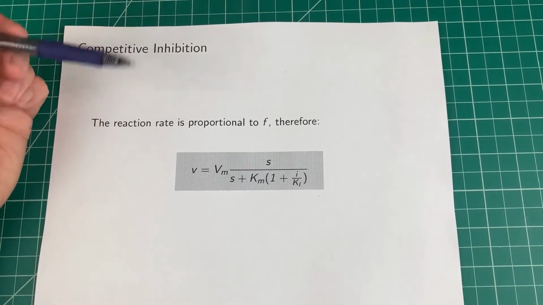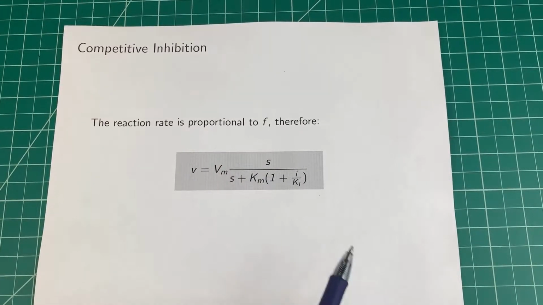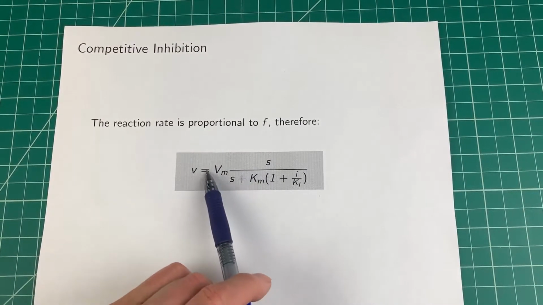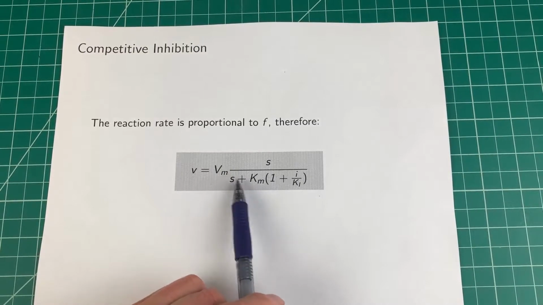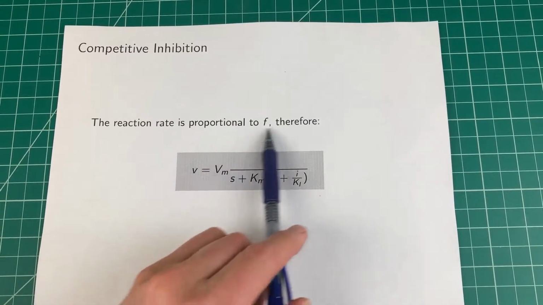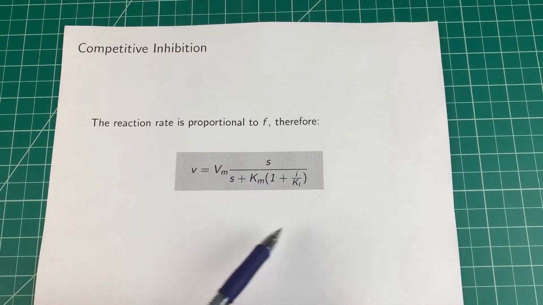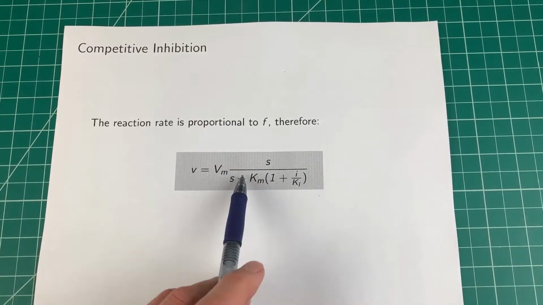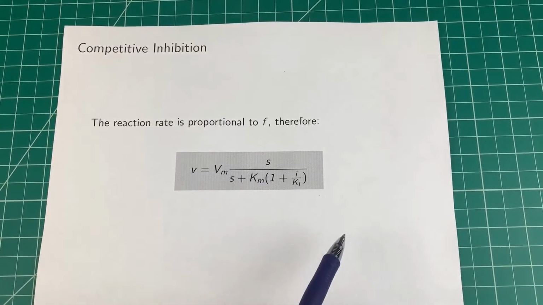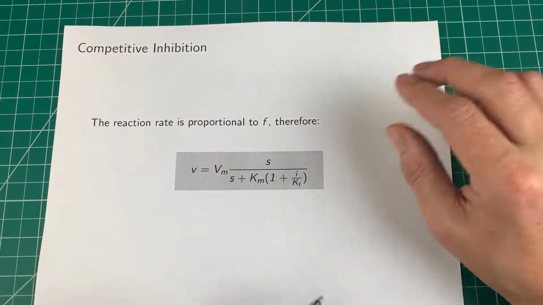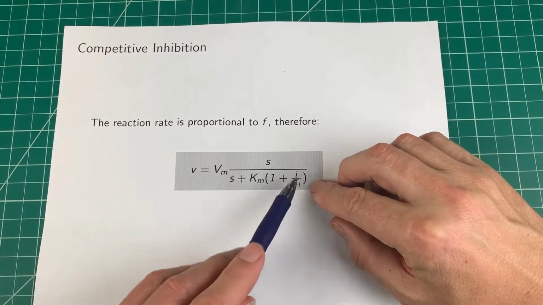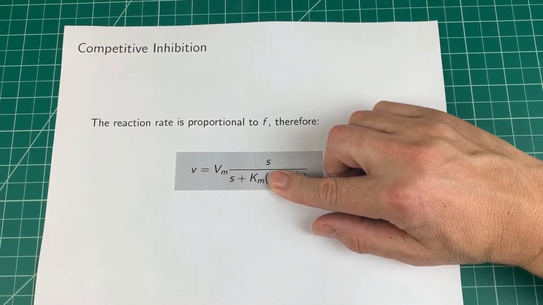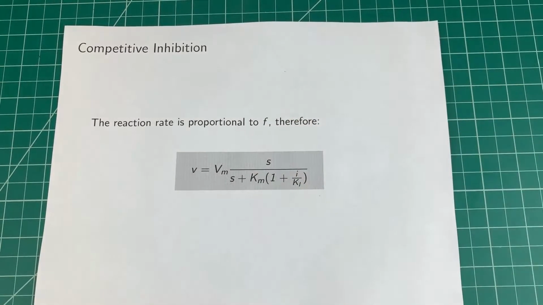So to convert the fractional saturation F into reaction rate, all I need to do is scale the fractional saturation by a constant, in this case called the Vmax, and I get the equation for competitive inhibition. So S is the substrate concentration, I is the inhibitor concentration, Ki and Km are the 2 dissociation constants. If you set I to 0, this disappears and I end up with that, and that of course is just the straight Michaelis-Menten equation. Okay, all right.